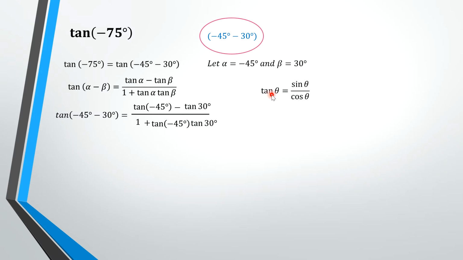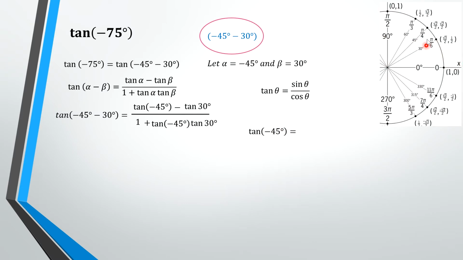In our trig functions, tangent theta is equal to sine theta over cosine theta. So let's start with tangent negative 45 degrees. If this is my unit circle, this is the positive 45 degrees. Since our problem here is negative 45, instead of moving counterclockwise, we will move clockwise. So if that is 45 degrees, here now is negative 45 degrees, and this is the ordered pair for negative 45 degrees.